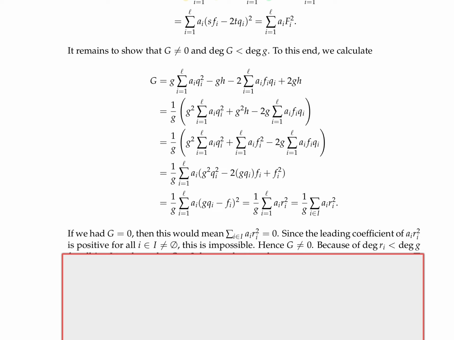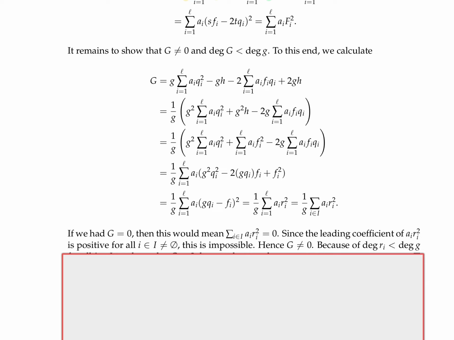So let's say this way, the leading coefficient of this sum is a sum of the leading coefficients of some of these ai times ri squared. Maybe not all of them, but some of them. And then this cannot be 0, because they are all positive in the ordered field k. So hence, g is non-zero.